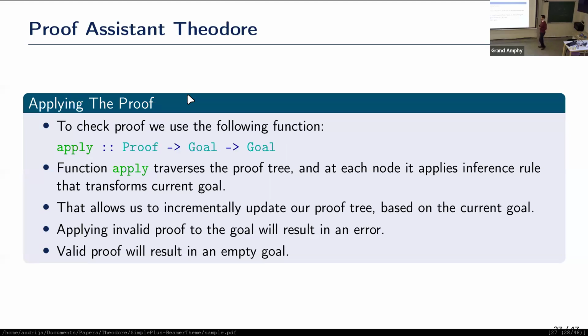That allows us to incrementally update our proof tree based on the current goal. So if we apply an invalid proof to the goal, this will result in an error. Or if the proof is valid, we will get an empty goal.